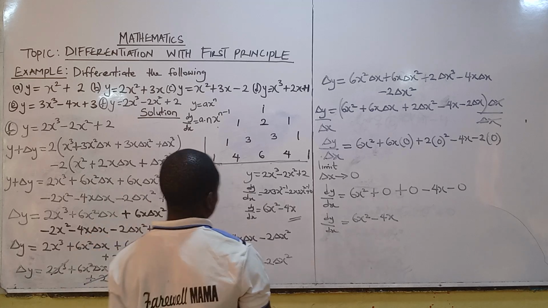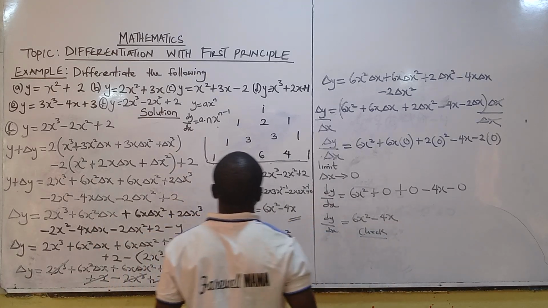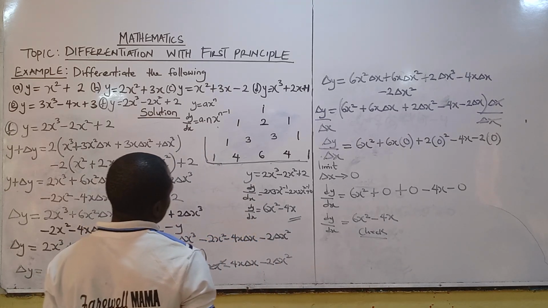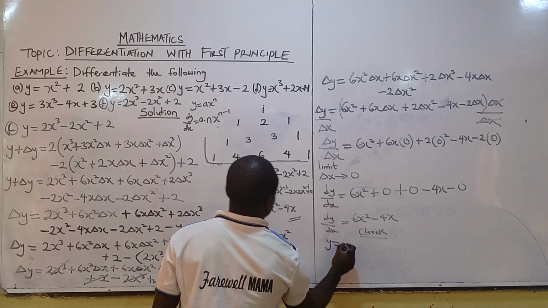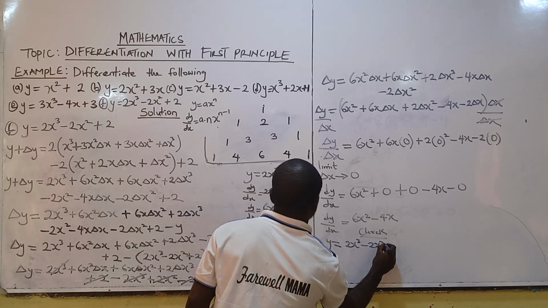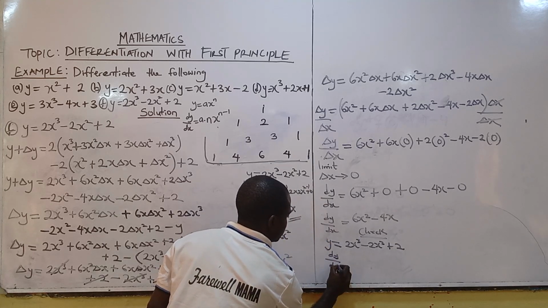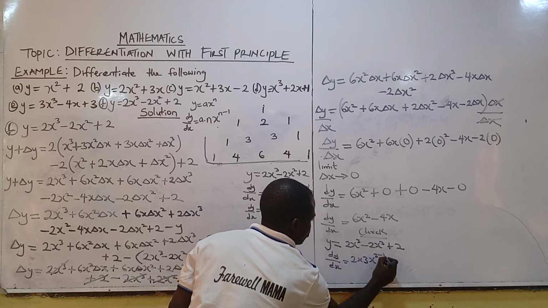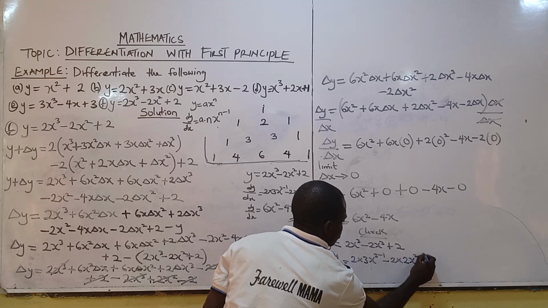Now let's check. We are using the general method. In the general method, y equals 2x cubed minus 2x squared plus 2. Now dy over dx equals, 3 comes to the front, 2 times 3, x to the power 3 minus 1, minus 2 times 2, x to the power 2 minus 1, plus 0.